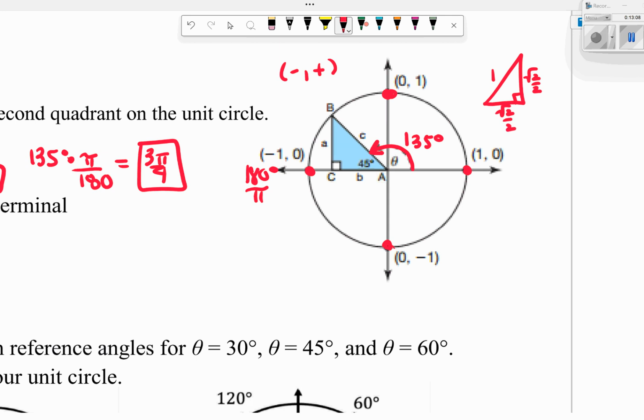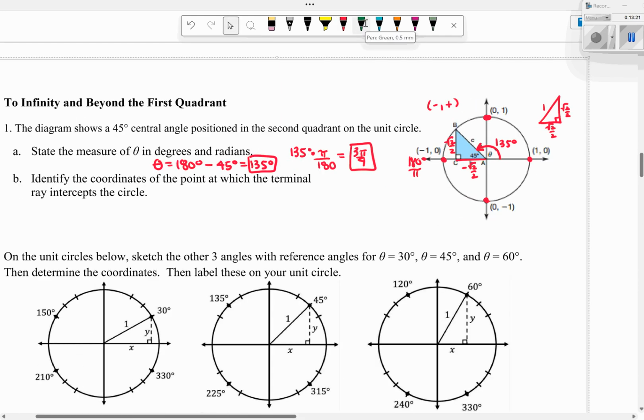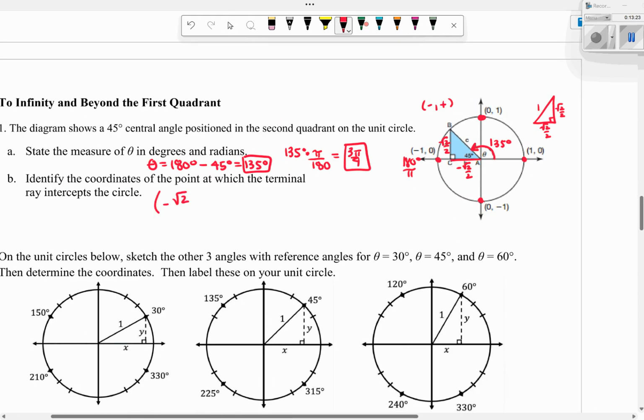So now, if we're in the next quadrant, this would be a negative x value, so negative root 2 over 2, and positive root 2 over 2. So the coordinates for quadrant 2 would be negative root 2 over 2, positive root 2 over 2. So it looks like the first quadrant.